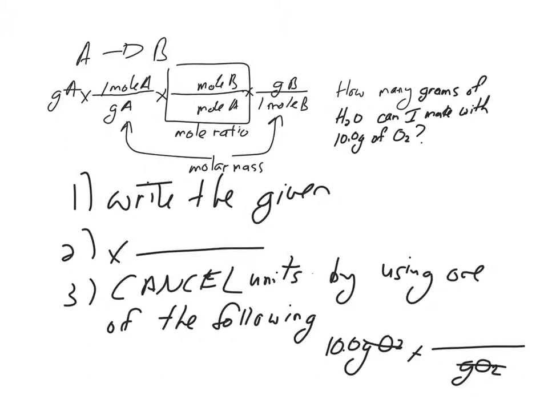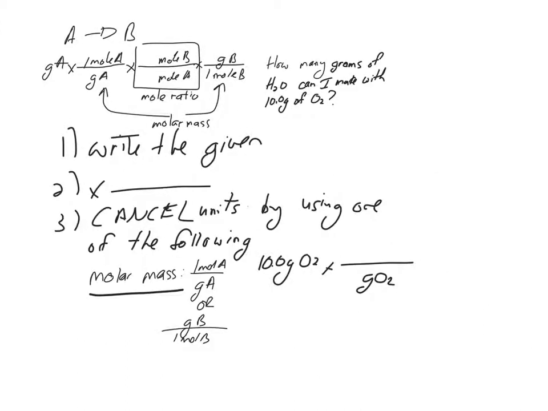And then we need to put something up here in order to move forward with the problem. Now I will give you 2 choices when it comes to molar mass and 1 choice when it comes to mole ratio. See if you can guess which one goes in that blank space. Molar mass can come in 1 mole A over grams A, written kind of like this, or grams B over moles B. Now keep in mind, of course, that we're still dealing with the given, so that should be 1 clue.